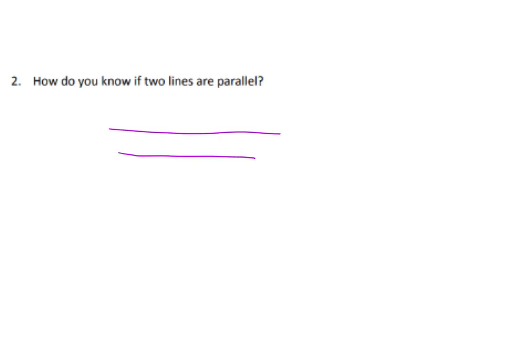If you see a line like this and a line like this, yes, they don't intersect here, but if we keep going with it, if we extend this one this way and this one this way, they intersect at this point right here. So we'll know that lines are parallel if they never cross at any point in time. They can go on for 1,000 years and they'll never cross.